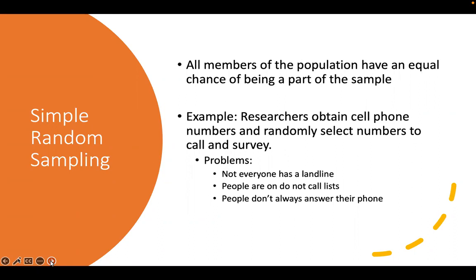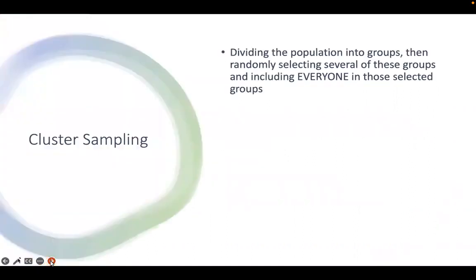That's me being a little biased there, but I only answer my phone for random numbers during the workday. If they call in the evening, I don't answer that. So it really depends when you're dealing with simple random sampling. You're getting a random sample of options, but that doesn't mean that your sample is a good proportion of who you're actually trying to talk to. So not always the best.